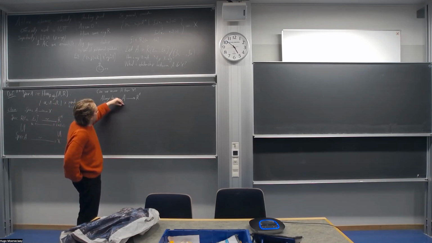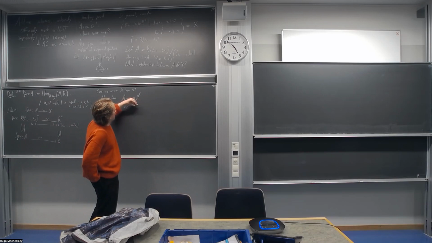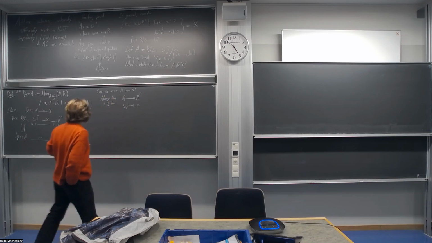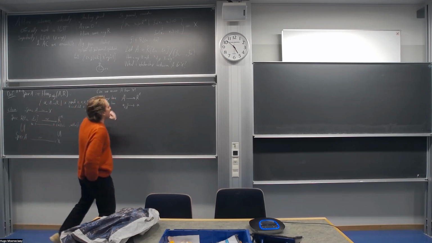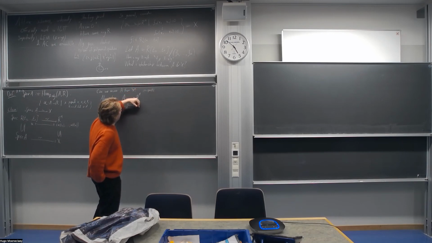So if you have a ring element a of A, you have to define a function X to R. So let me use the fact that X is spec A. So I think of an element of X as, now I write alpha.